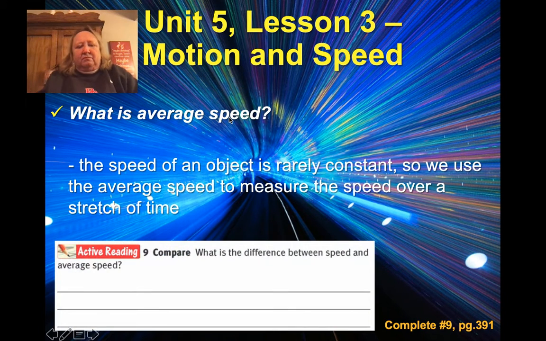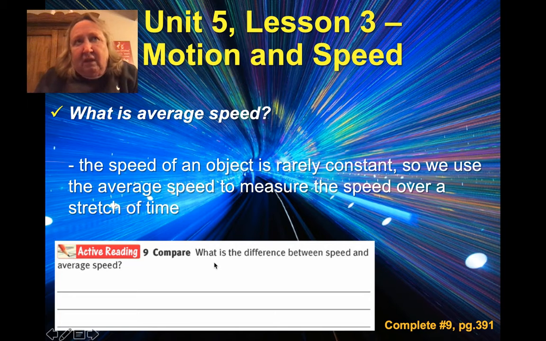All right. Then there's another term. Again, there'll be a question about speed and average speed on your questions for today. The speed is rarely constant, so we use what is called average speed over a length of time. Okay?